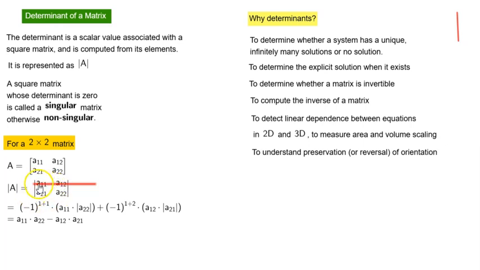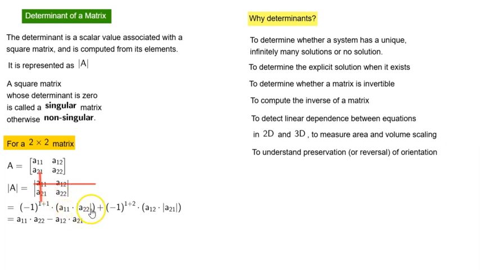First element of first row, that is A11. We are taking minus 1 to the power of 1 plus 1 times A11, and we are removing the row and column in which A11 is, which means we are left with only A22.